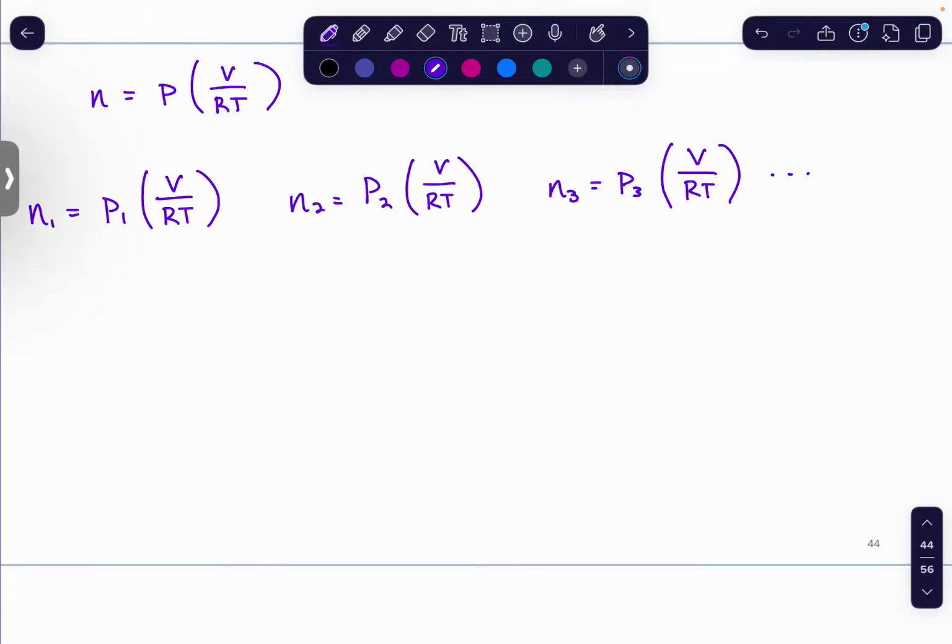So if I say that the mole fraction of compound 1 is the moles of compound 1 over total moles, I can then say that N1 is partial pressure 1 V over RT over the total.